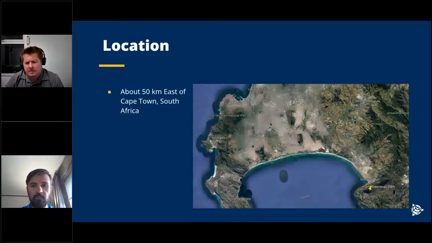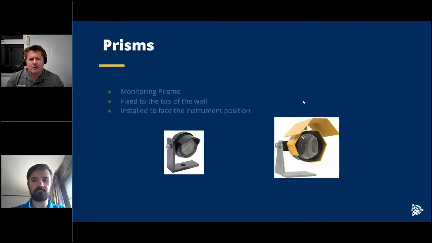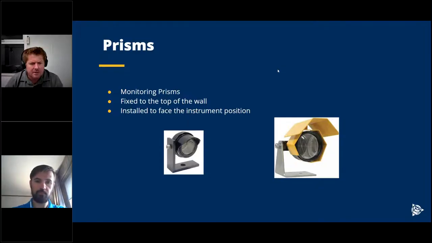Okay, so the location of Steenbras Dam is about 50 kilometers east, or a little bit southeast, of Cape Town. You can see on the picture here at the bottom right, that's where Steenbras Dam sits. The prisms that we use are the normal 62 millimeter monitoring prisms, as well as a couple of mini prisms, the 25 millimeter prisms.